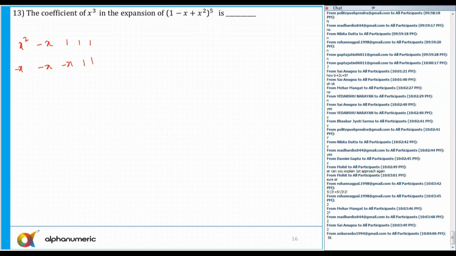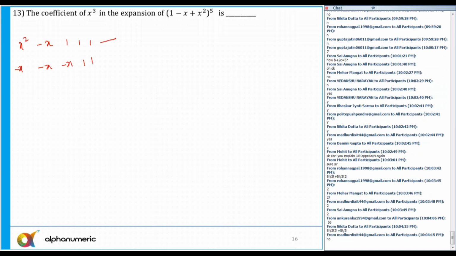Any other possibilities to get an x³? No. So in the first case, the total number of arrangements will be equal to how much? 5! by 3! into (−x)³. Remember here, negative. And in the second case, I am getting 5! by 3! into 2! into (−x)³.